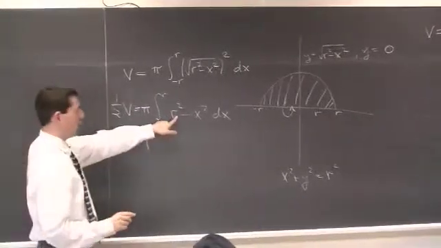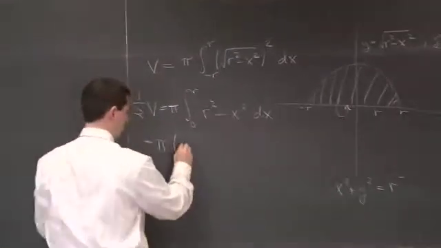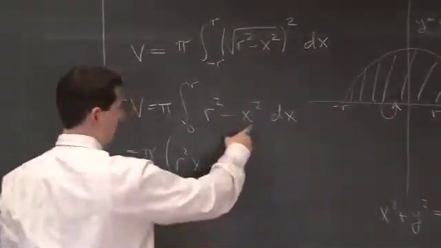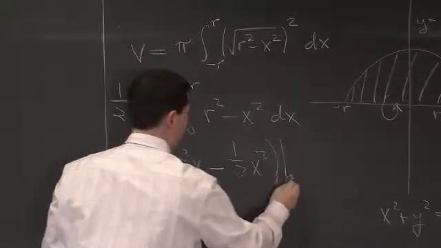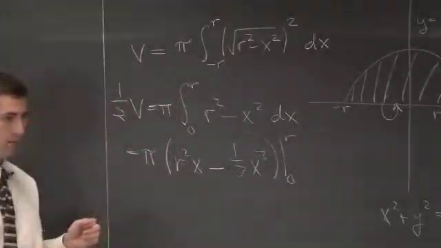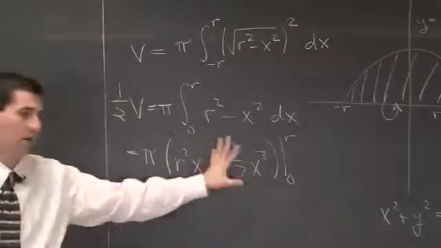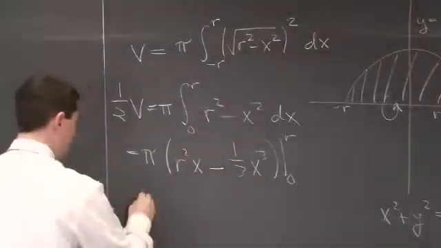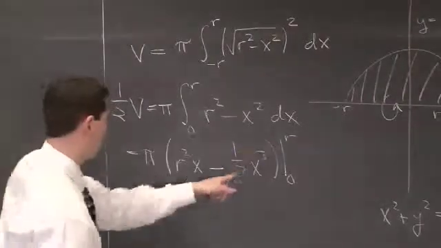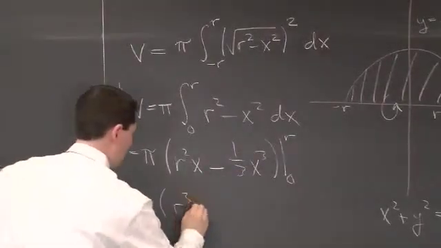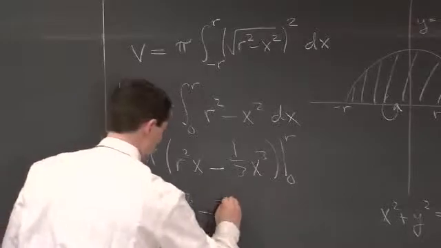So here you integrate r squared with respect to x, and you get r squared x. And the integral of x squared is a third x cubed. Then we evaluate at 0 and r. Like we'd hoped, when you evaluate at 0, this is all going to die. So you just have to evaluate at r. When you put in r, you get r cubed minus a third r cubed.